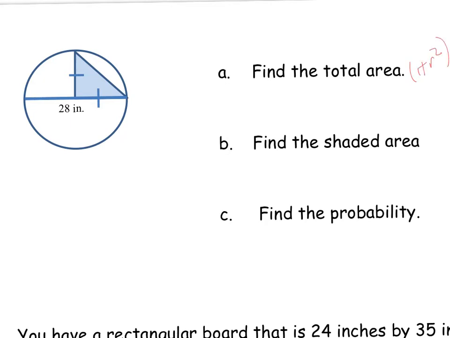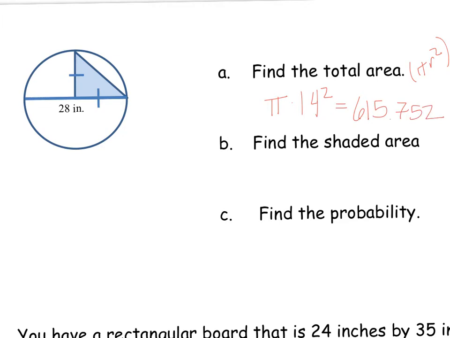If the whole thing is 28, what is the radius then? 14. So pi times 14 squared is 615.752. That's going to be my total area.